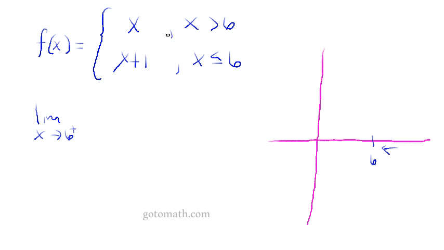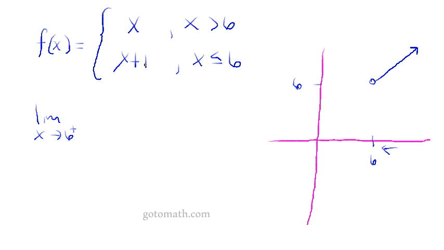Now I'm going to sketch out what this function looks like. There's a 6 there, so we have an open circle because we don't include 6. And of course a slope of 1, so it's something like that, going off in that direction.